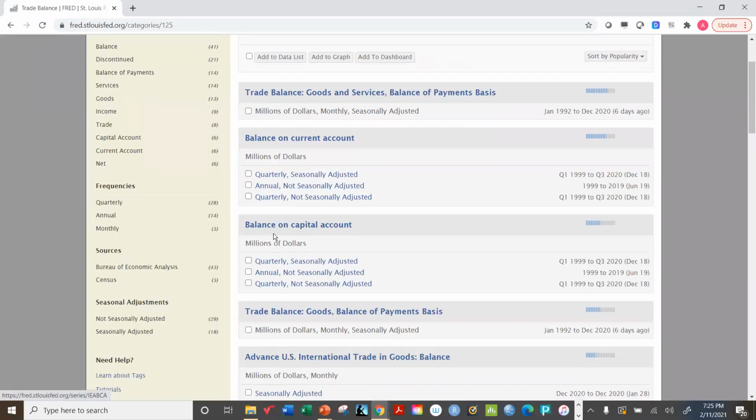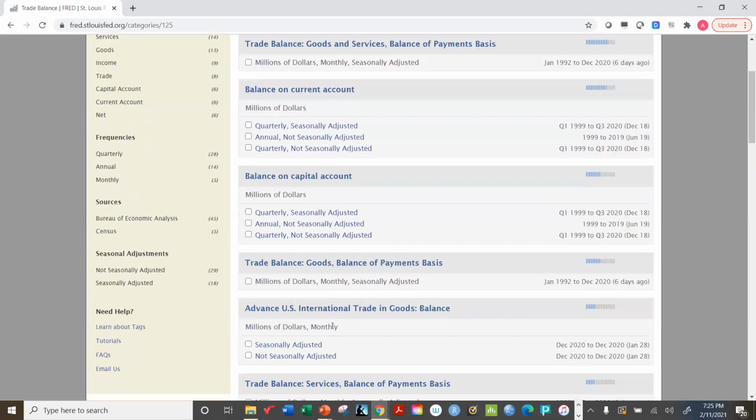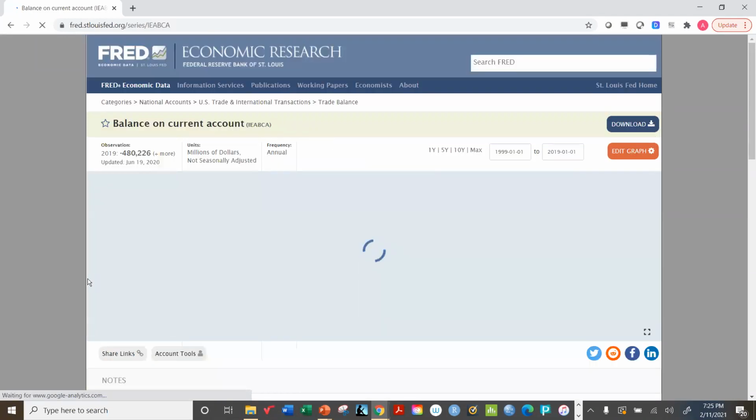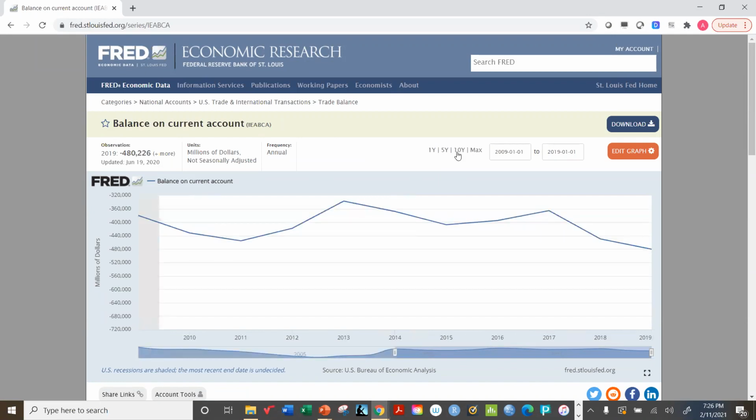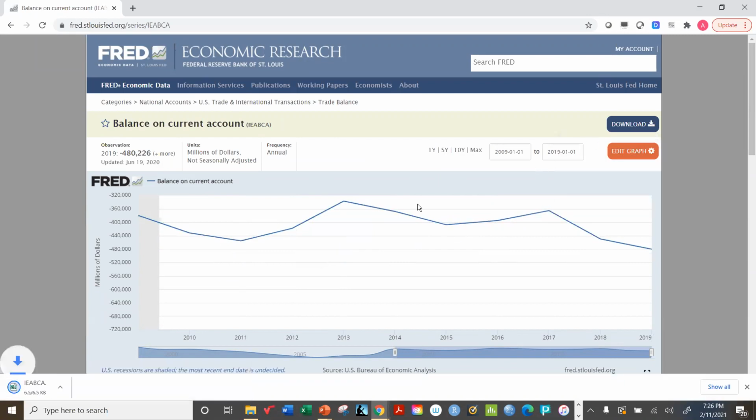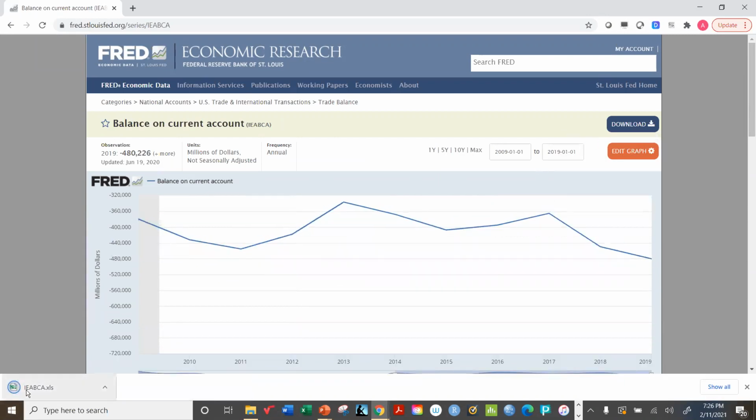Oh, they've got everything here, but let's go with this one. Okay, now I'd like to go back. Oh, I wonder how far back you can go. It says max here. Yeah, and that's not a very pretty graph, is it? Let's see what we can do. Let's download this into Excel.